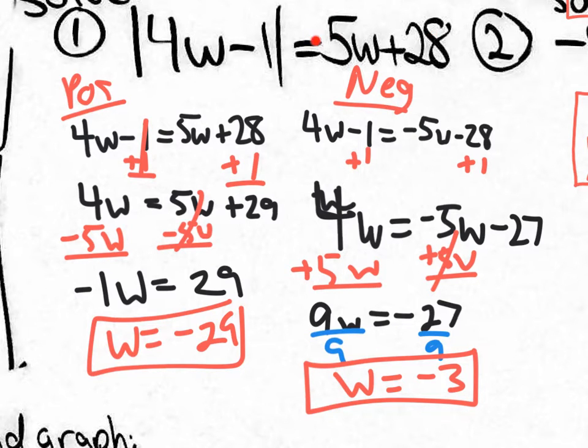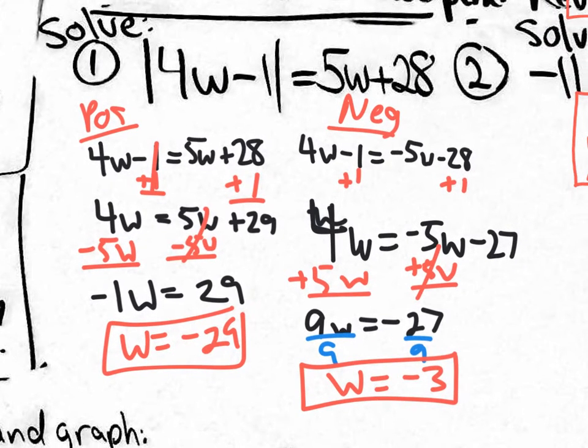Plus 28. What's negative 145 plus 28? That's a negative number. That's the bottom line. And what do we know about absolute values? The answer is always what? Positive. So if I were to plug in the negative 29, and I think about 5 times negative 29 plus 28, it's still going to be a negative number.